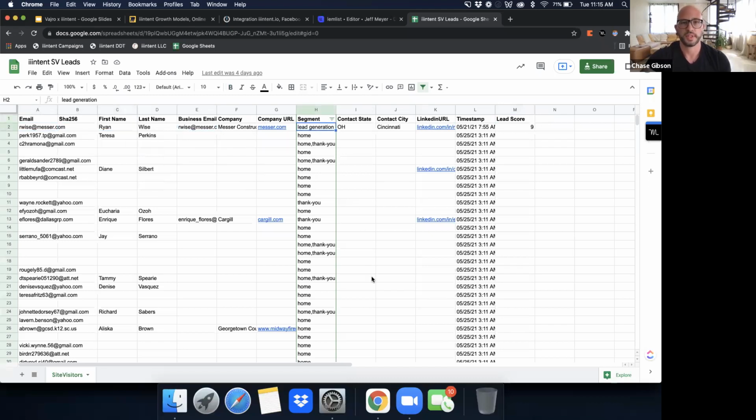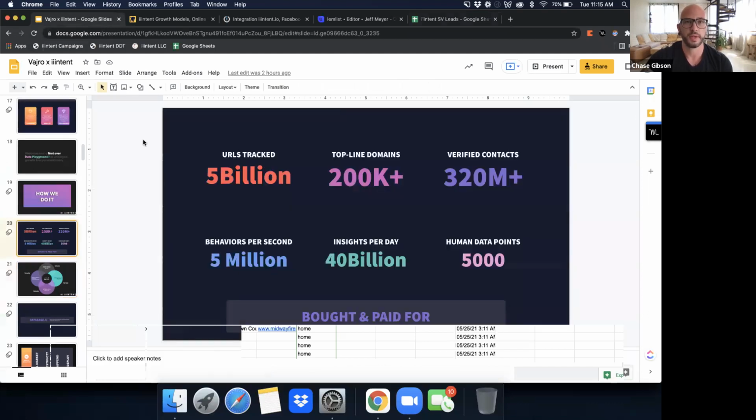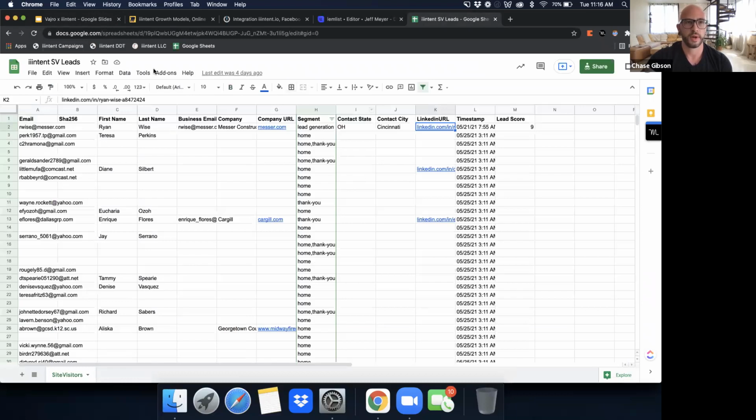We'll also be able to see which pages they went to, and where they were from. So by just adding the pixel onto your page alone, it's going to have a huge impact on your business. And then what you can do is we take these leads that are coming to your website and we start to upload those back into Facebook.